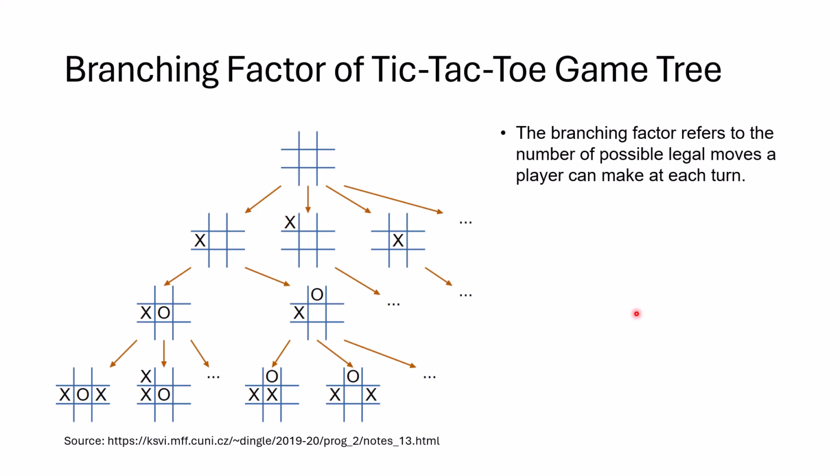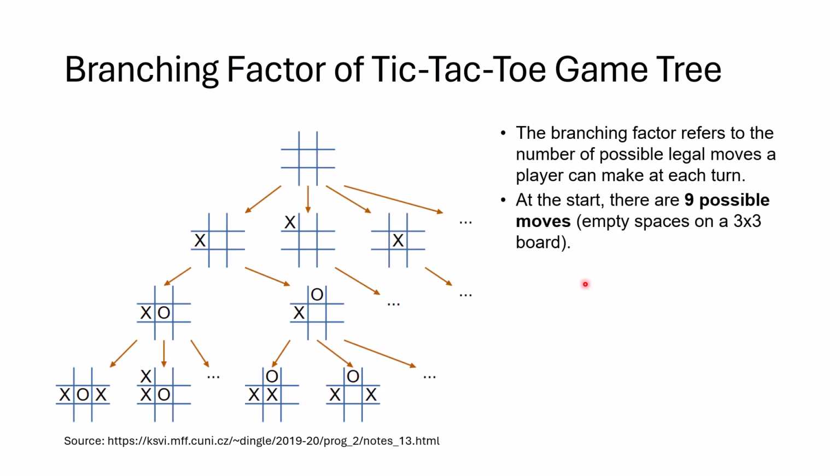Let's see how it works. The branching factor refers to the number of possible legal moves a player can make at each turn. And we discussed the number of legal moves. Initially 9 for the first player. At the second level, for each first node, 8 different positions for the second player, and so on and so forth. So that's what it said there.